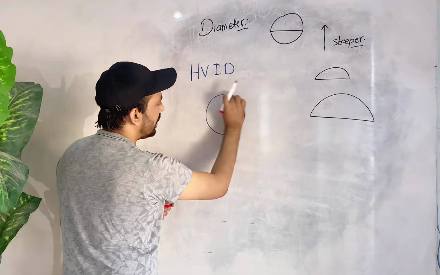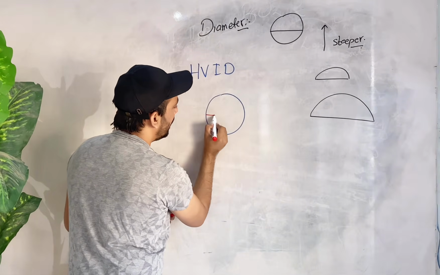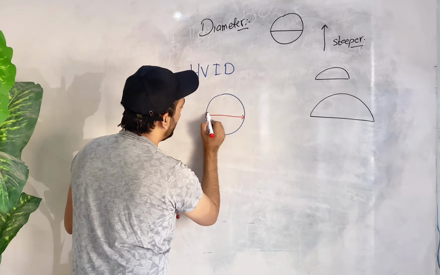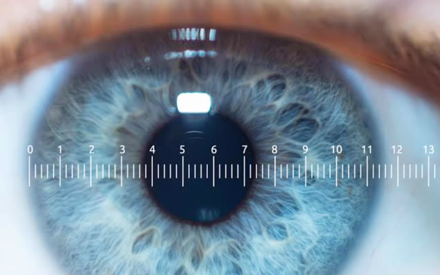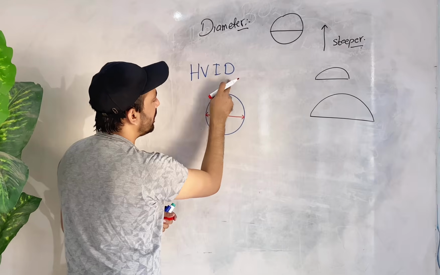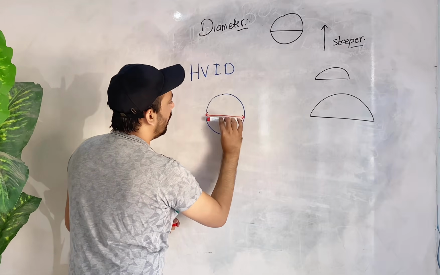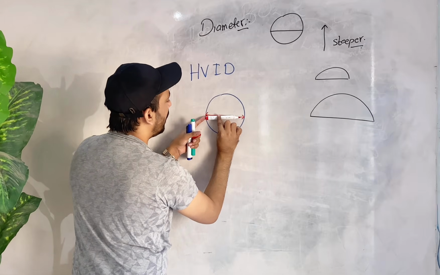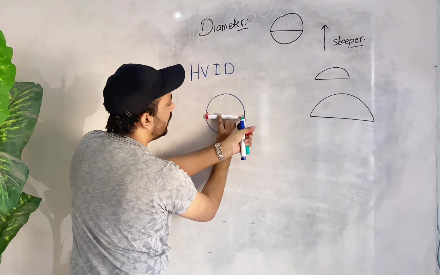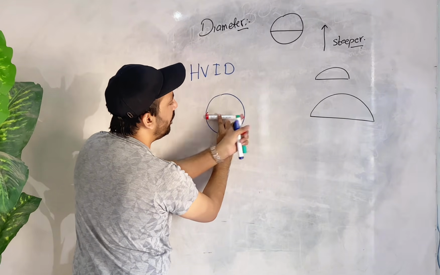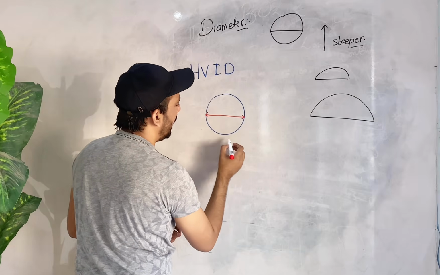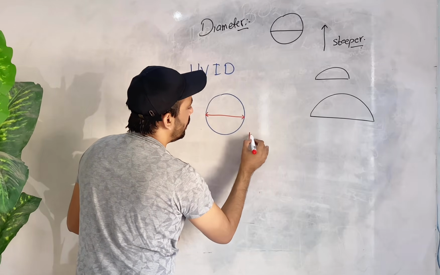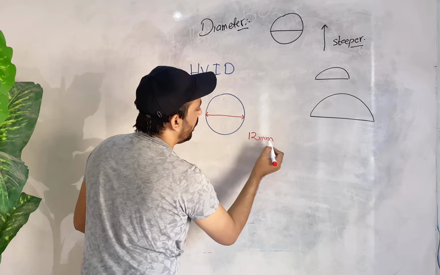This is the 360-degree iris, and this horizontal line is representing the HVID, the horizontal visible iris diameter. So you will put a scale on the iris, the 0 mark will be here, and the value at this point will be the total HVID. So for example, the supposed value of the HVID is 12 millimeter. This is a supposed value, right?